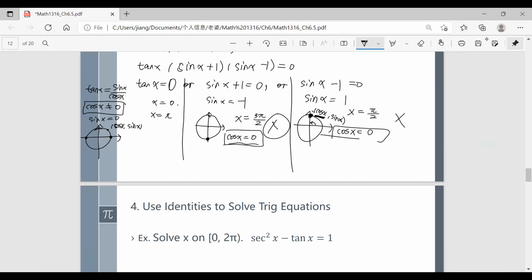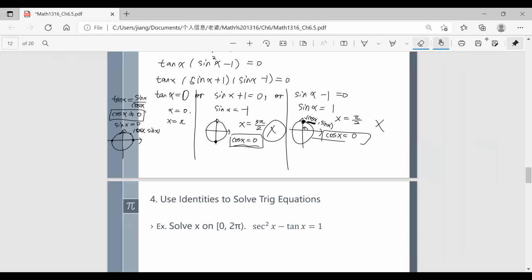That means for the solution for this one, make a short line. So the solution we can only choose is x equals 0 and x equals pi. That means we have only two solutions, which is 0 and pi.